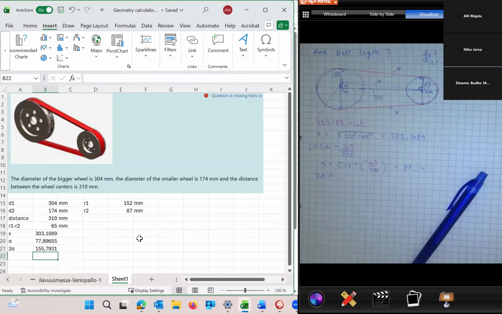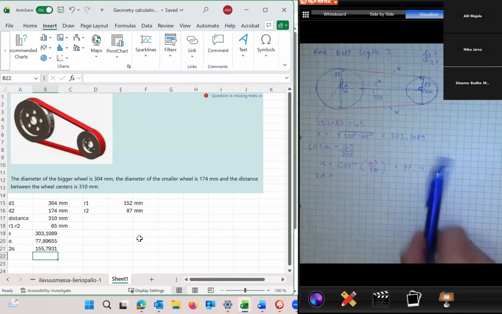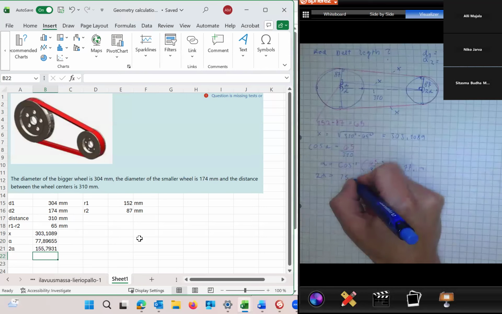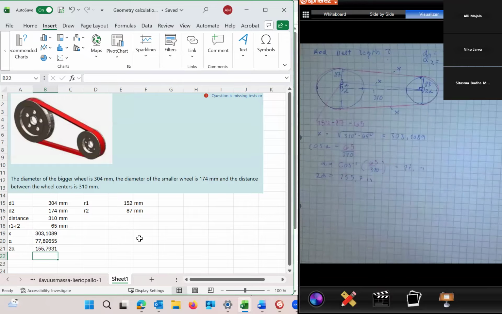All this difference, I have to try and remember. Okay, so now I know the 2 alpha is something. Okay, this is about 150.7 something.